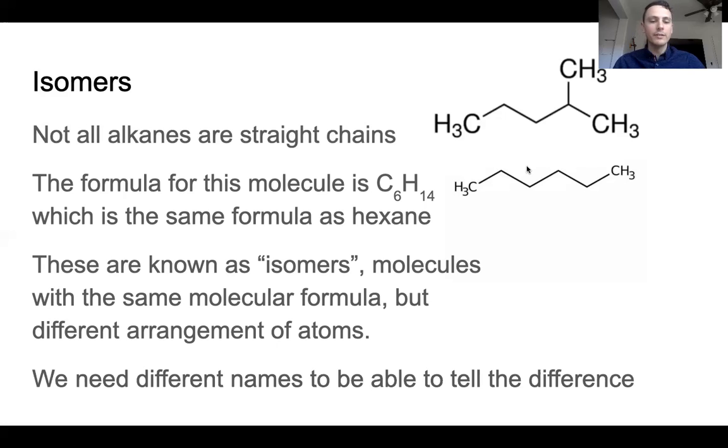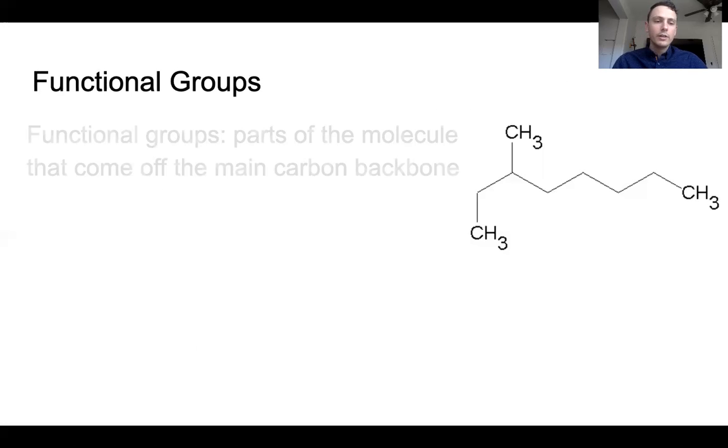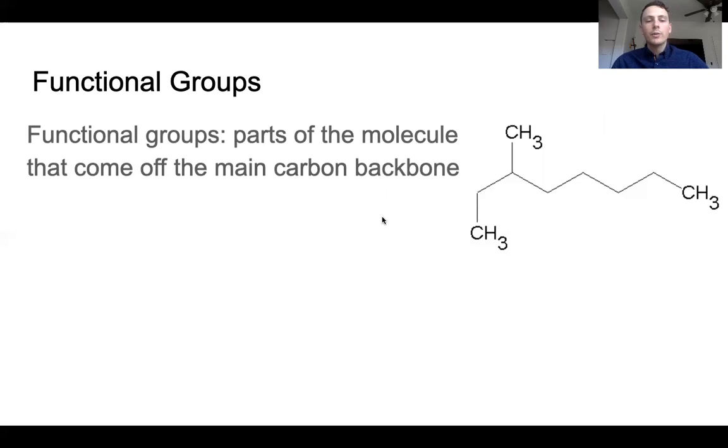So, functional groups are the part of the molecule that comes off of the main carbon backbone here. We have 1, 2, 3, 4, 5, 6, 7, 8 main carbons in the longest possible chain. That's what we call the carbon backbone. And then here we have one carbon group coming off.